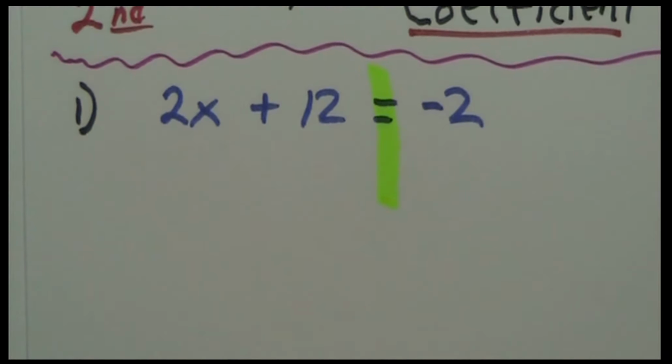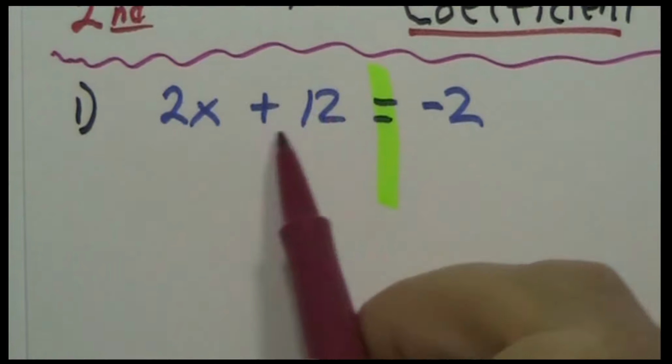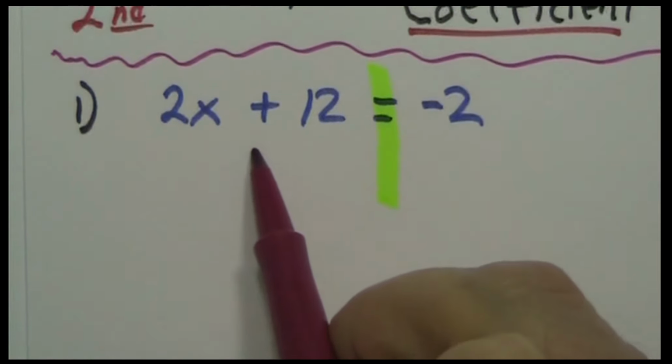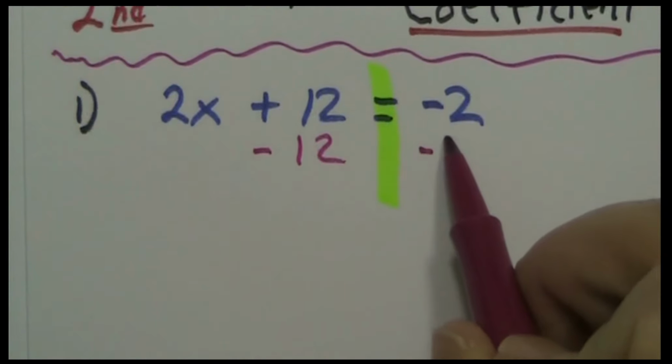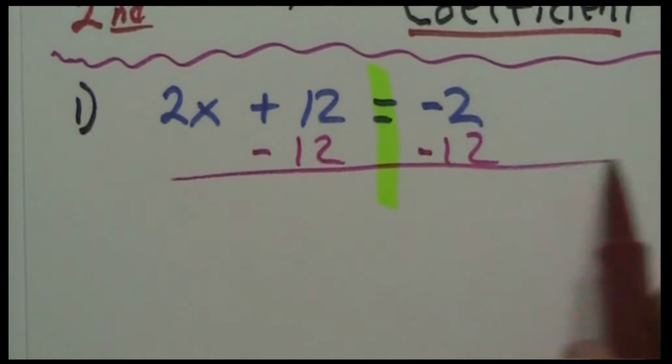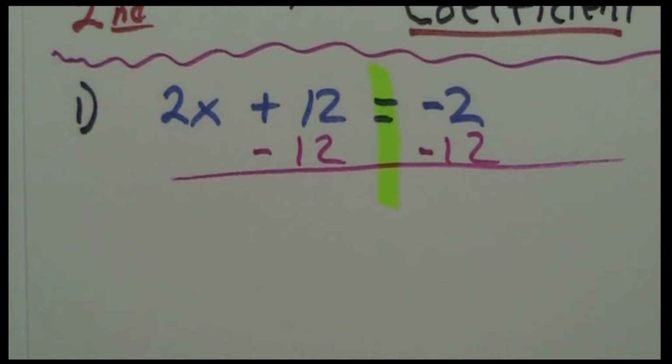So remember, you have a left and a right side. We want to get rid of the constant, so we need to do the opposite. I'll subtract 12. So you can see that this will become 0.